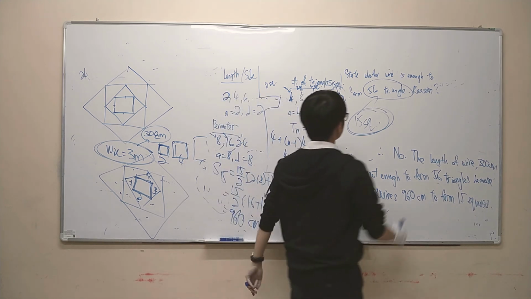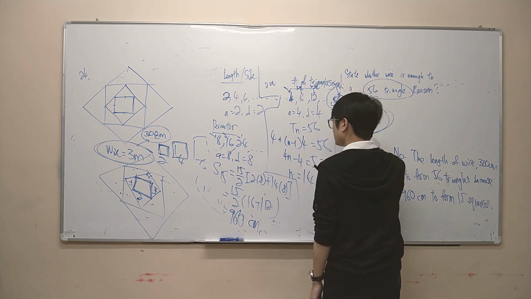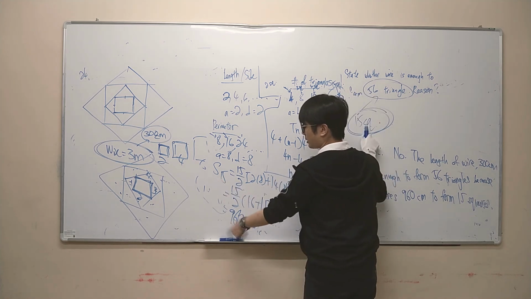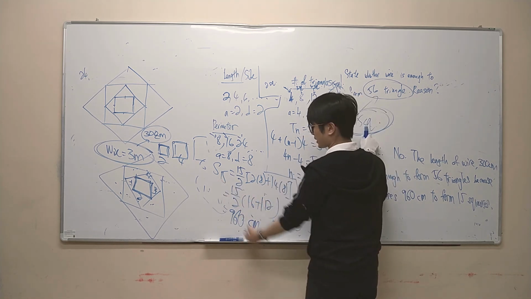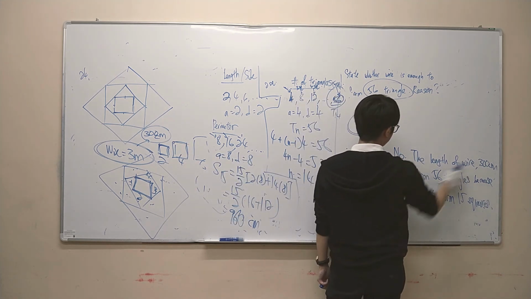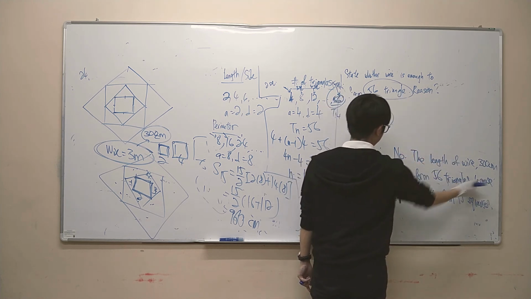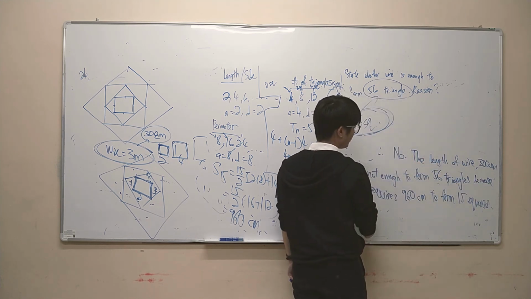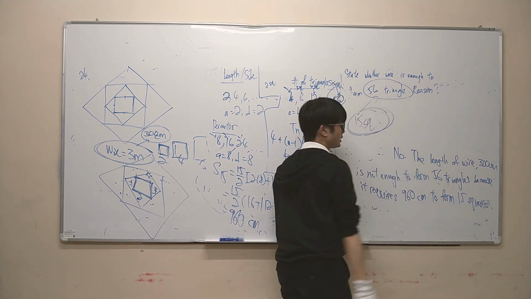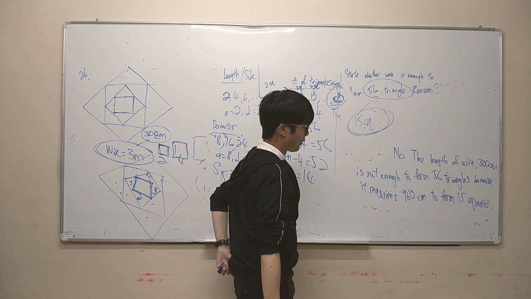Because in order to form 56 triangles, you need to have 15 squares, and in order to have 15 squares, you need this amount of wire. But I only have 300 cm. So no, because the length of wire, 300 cm, is not enough to form 56 triangles. If you want to form 56 triangles, you need to form 15 squares, which requires 960 cm. Okay? Done?